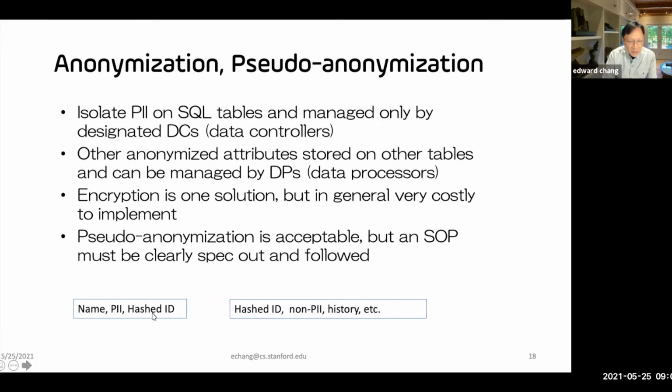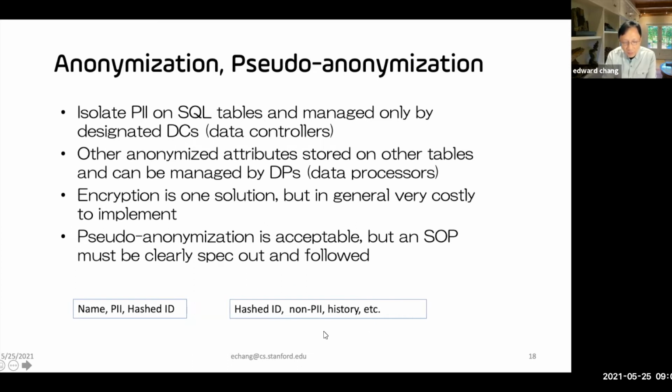Then using this hash ID, I can join another table. The key will be a unique hash ID, or maybe the hash ID may not need to be unique. That's another way to make sure you cannot target one person, maybe just a group of persons. Then the hash ID is indexed to non-PII information.